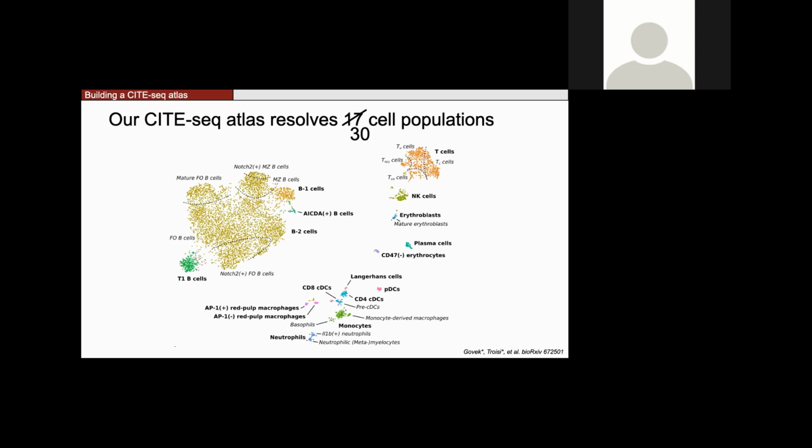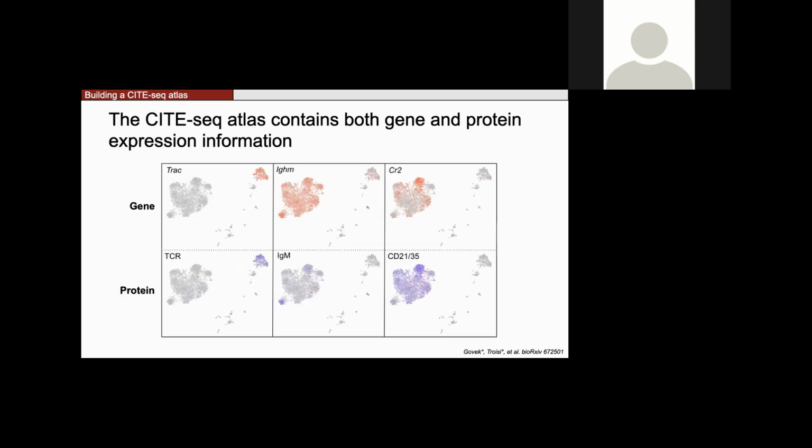It's a pretty powerful resource on its own. But it's CITE-seq, which means that we also have this expression of 30 antibodies along with the rest of the atlas, which we now want to use to connect the cell types from this atlas and transfer them onto the original CODEX data set from this paper.